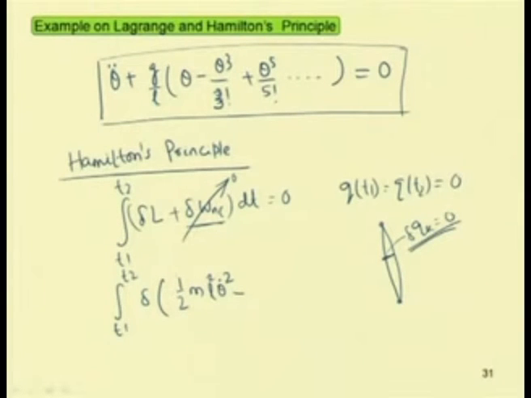So, this L equal to T minus u, where u equal to mgl into 1 minus cos theta. So, using this del operator into dt, this should be equal to 0.